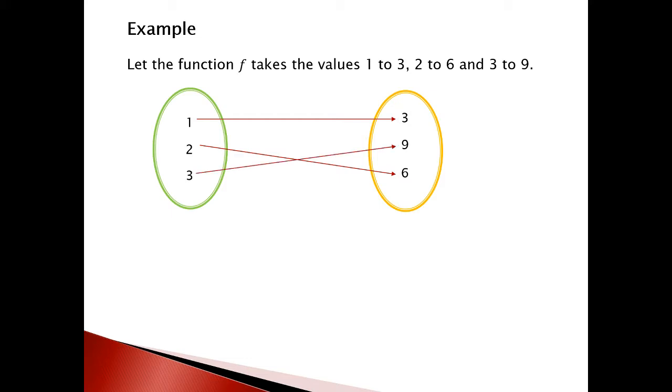So when we input 1, this function will give out 3, when we input 2, it will give out 6, and if we input 3, it will give out 9. So that is the function f.